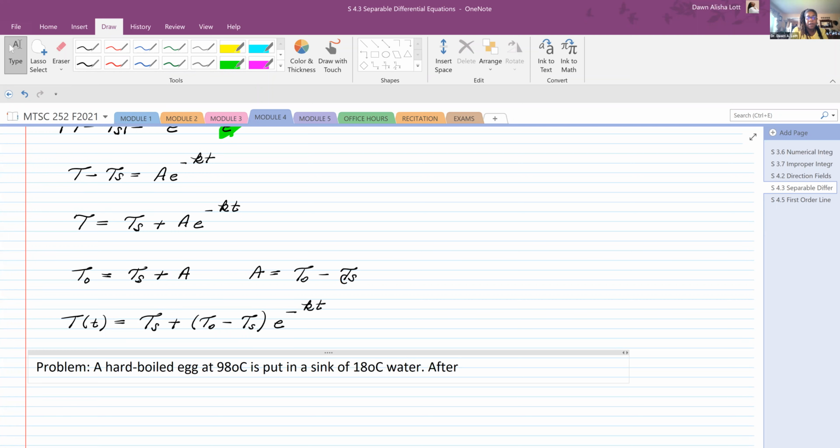After 5 minutes, the egg's temperature is 38 degrees Celsius.